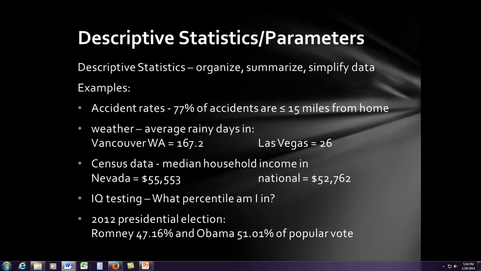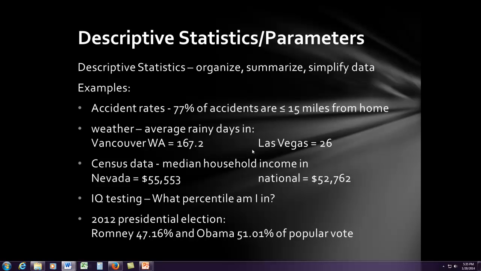It's that every time you leave your house, you are within 15 miles of your home. So chances are every commute that you have from home, you're going to be within 15 miles of home. That's where most people are doing their driving. So of course most of the accidents are occurring in the distance that most people are traveling. So just kind of getting you to start thinking about how sometimes a number can be misleading.